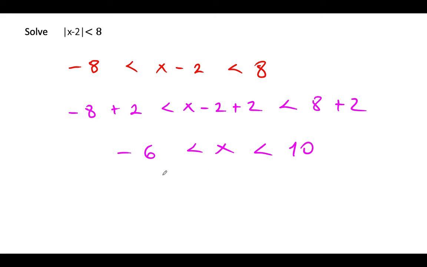Don't forget that this is an interval, so we can express this interval as negative 6 comma 10. Here negative 6 and 10 are exclusive. That means they are not in this solution.